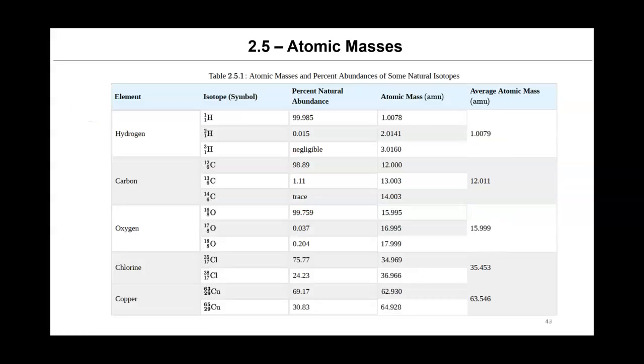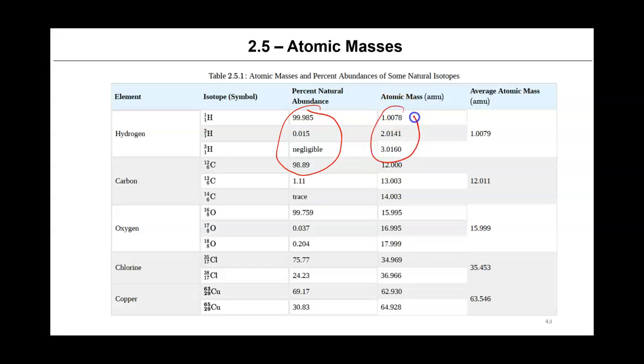We've seen that many elements exist as multiple isotopes, and those isotopes will have a characteristic abundance, what we call the natural abundance of the isotope. Normally it's represented by a percentage.